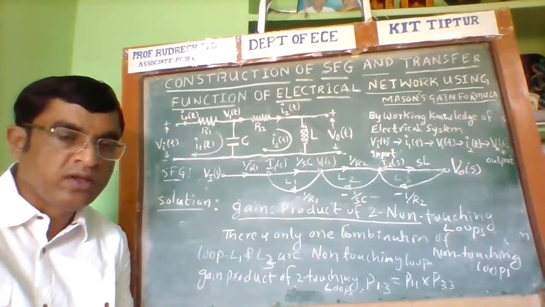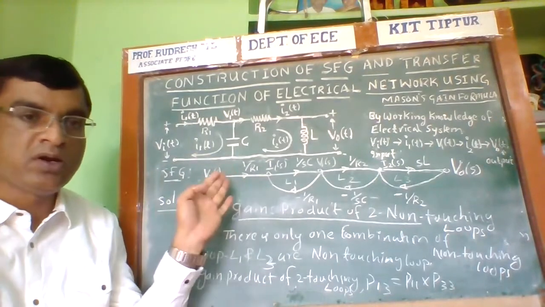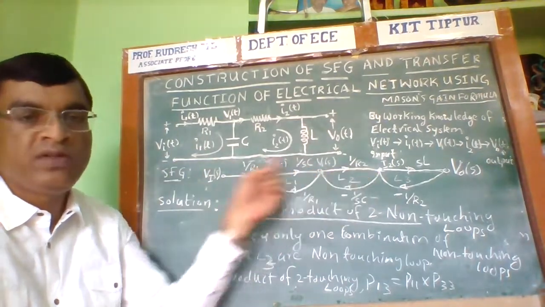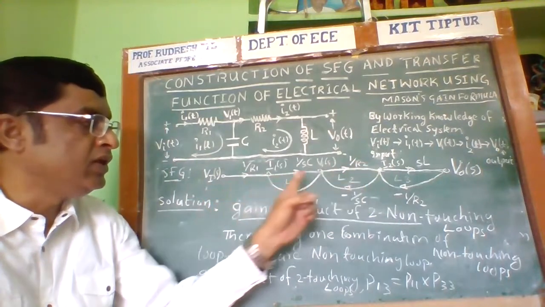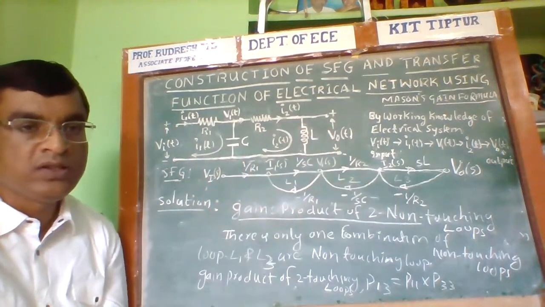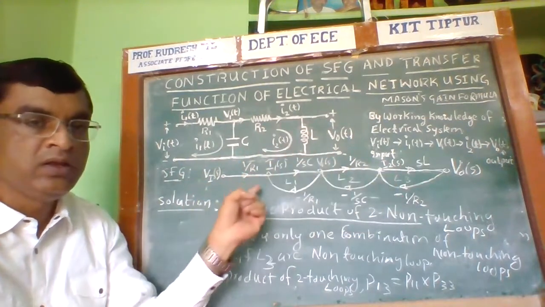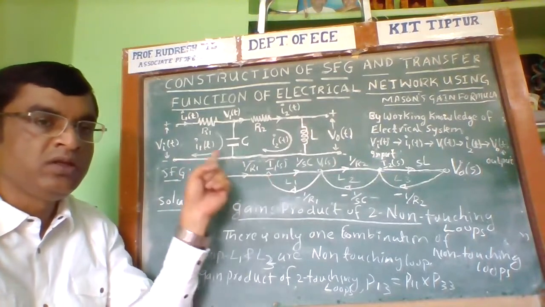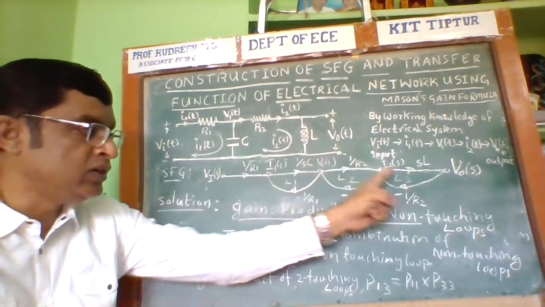In this particular step, I'm calculating the gain product of the two non-touching loops. After observing the graph, we find that L1 and L3 are the non-touching combinations. L1 and L3 are non-touching loops, so we need to find the gain product of the non-touching loops L1 and L3.